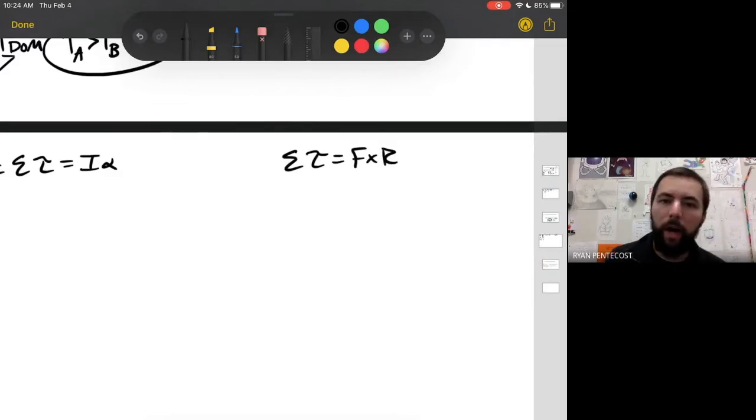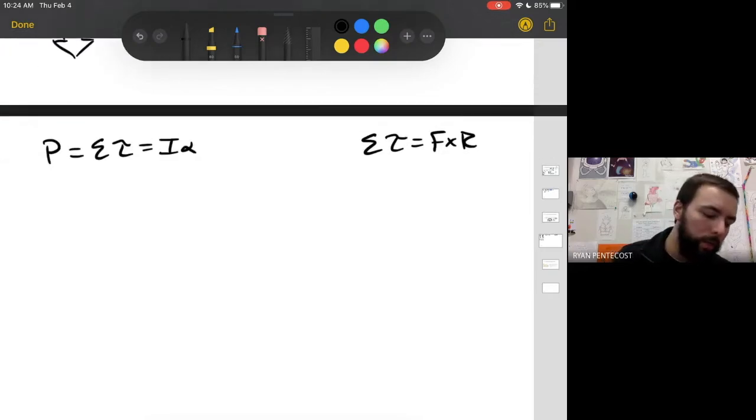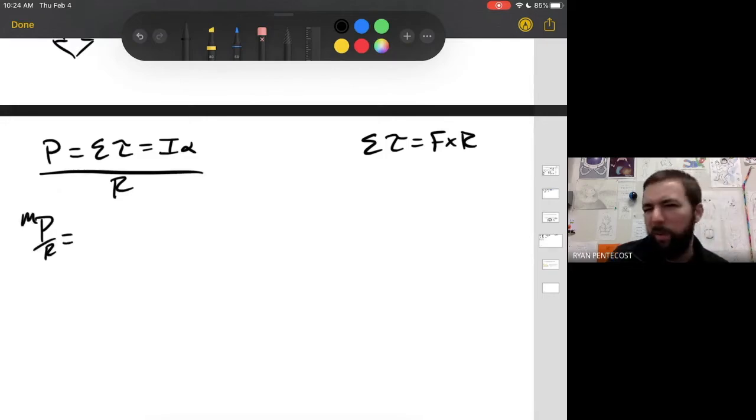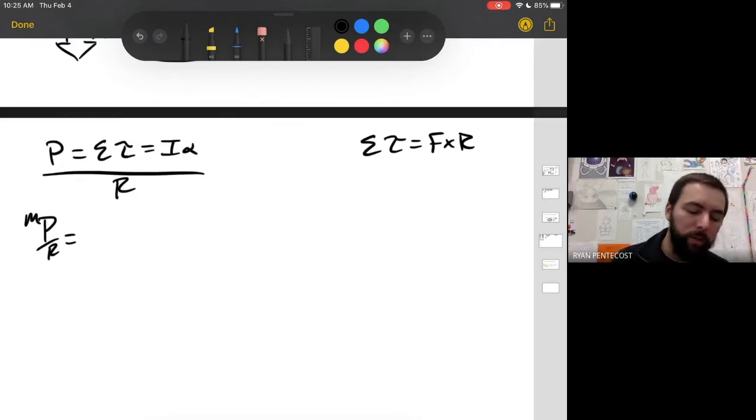So if we divide summation of torque by radius, we can actually get summation of force. Okay? So we've now got P over R. This is really the mass of the pulley divided by radius, right? So if we're keeping the same verbiage that we were using for M1 and M2, now the summation of torque is now the summation of force.